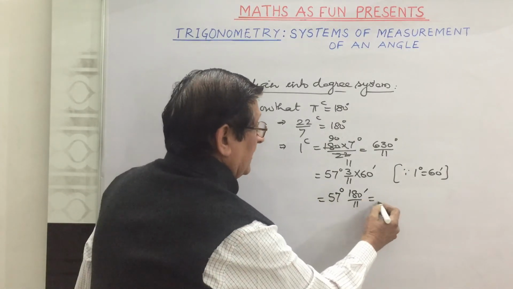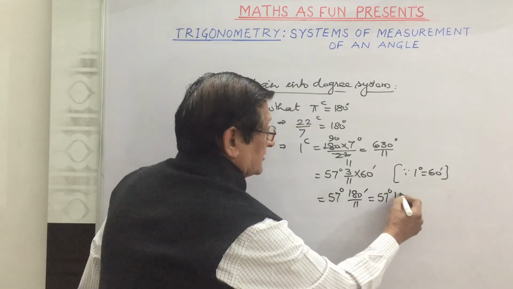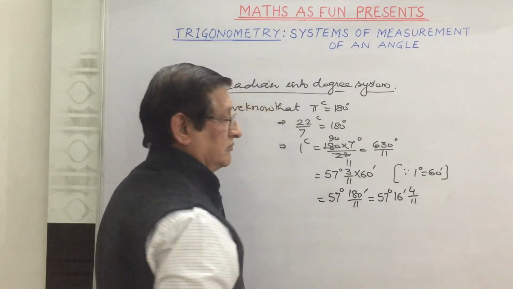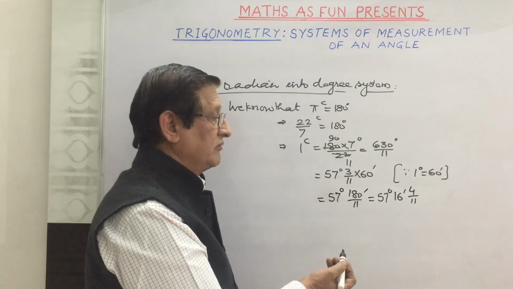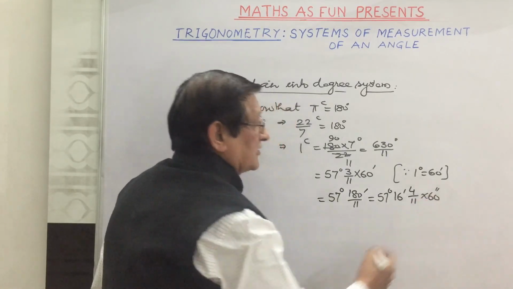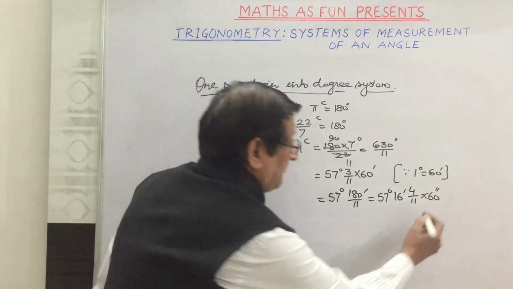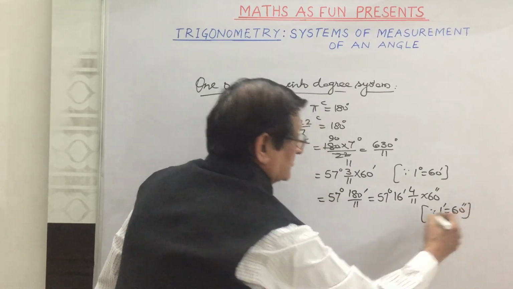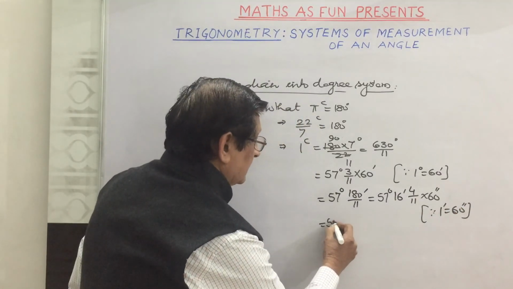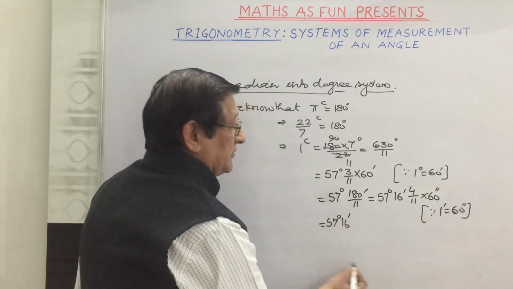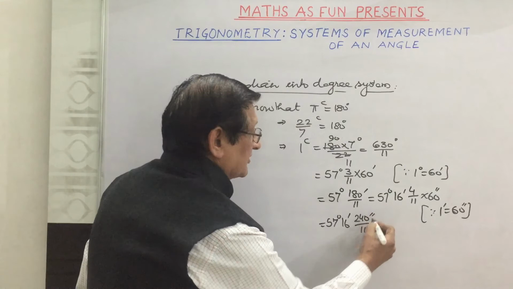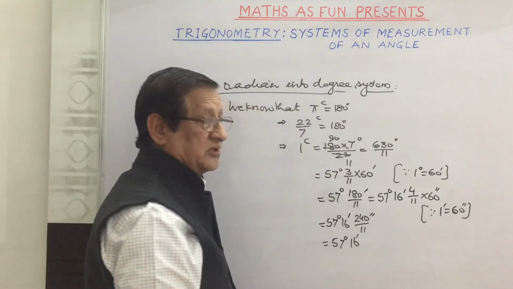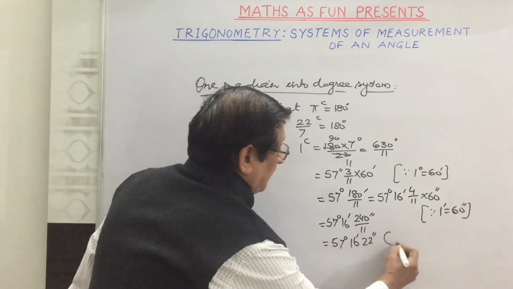So we divide by 11 and get 57 degrees 16 minutes, but 4 by 11 minute is further left, which we can convert into seconds by multiplying by 60, because 1 minute is equal to 60 seconds. When we simplify this, it comes as 57 degrees 16 minutes 240 upon 11 seconds, which is approximately 57 degrees 16 minutes 22 seconds.